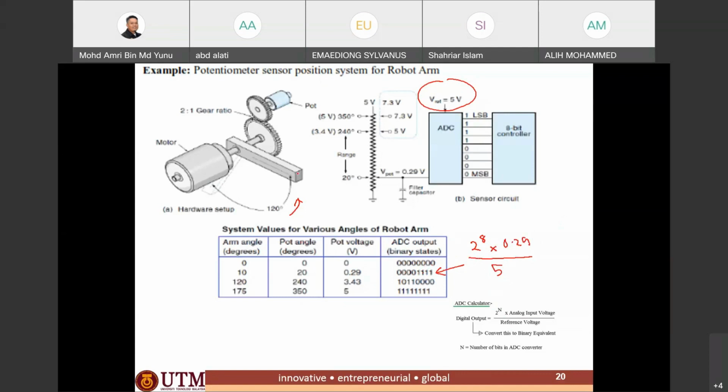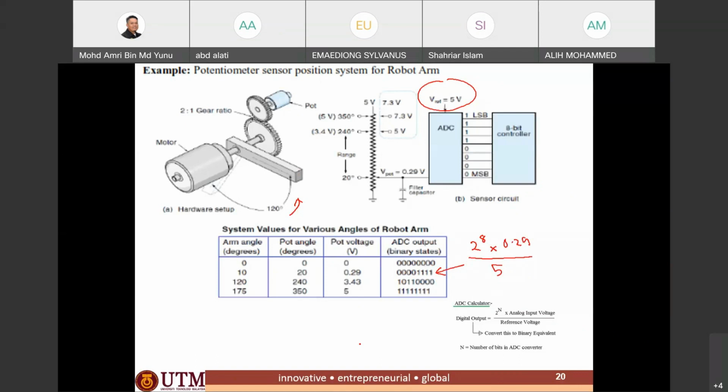So here is one example of how the potentiometer is used to detect the angular movement of a robotic arm.